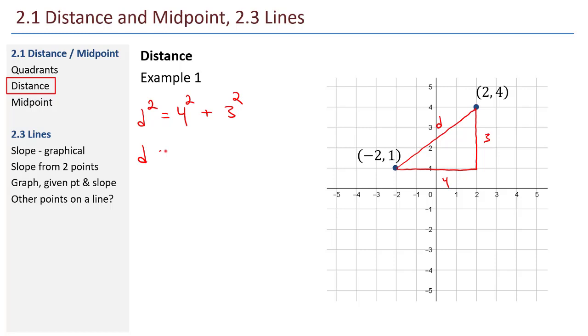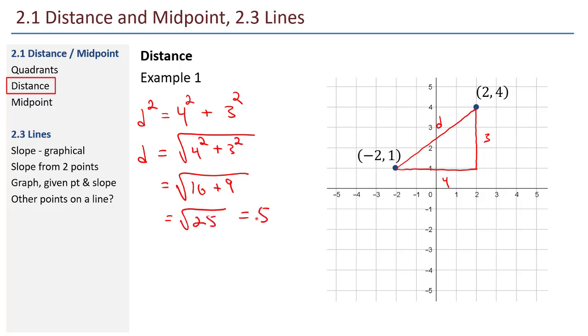I could solve for d by taking the square root of both sides. So that's the square root of 16 plus 9, which is the square root of 25, which is exactly 5. So the distance between those 2 points is 5.